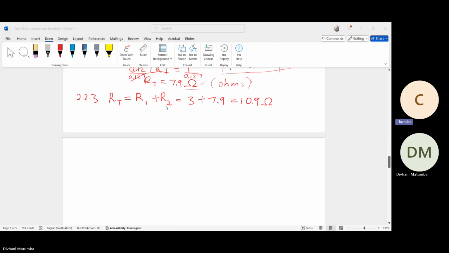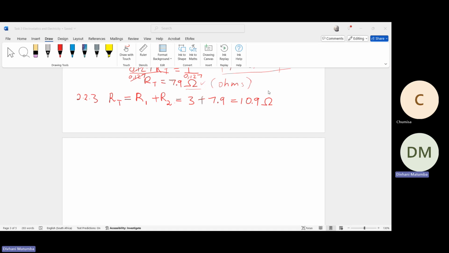I think it's going to be V over R1 plus V over R2 plus V over R3. No. What you're saying is right, but that was the formula we used to derive the resistance in parallel.